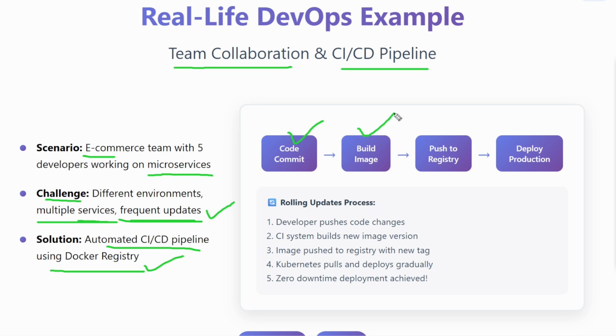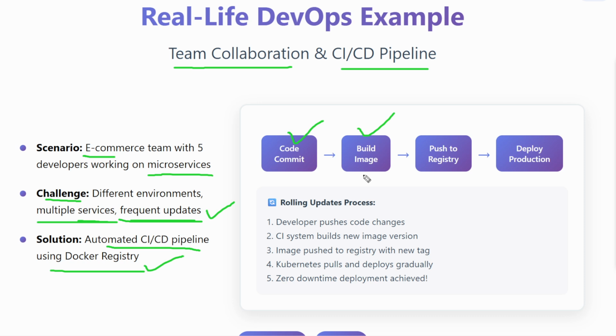Okay, and also we can set up a pipeline to trigger whenever there is an update in the source code. We can set up GitHub webhooks or cron syntax to achieve this. And then once the image is built, this entire process is automated with the help of scripts and plugins.